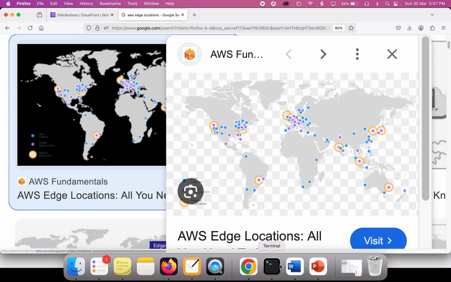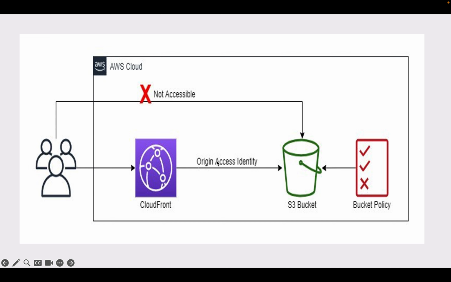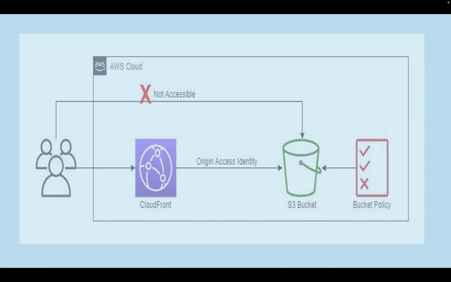This is how S3 works with CloudFront: using a bucket policy and origin access control identity, it transfers the content to CloudFront, and CloudFront distributes it to the users. You won't be able to access the bucket directly, only through the origin access identity. So this is what you should understand about how S3 works with CloudFront.